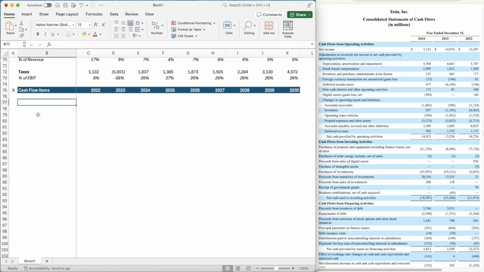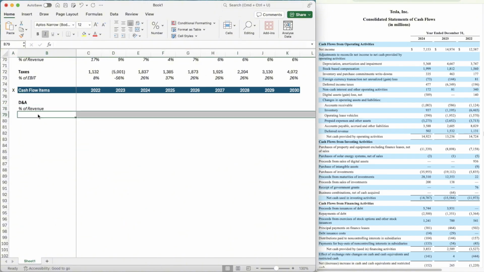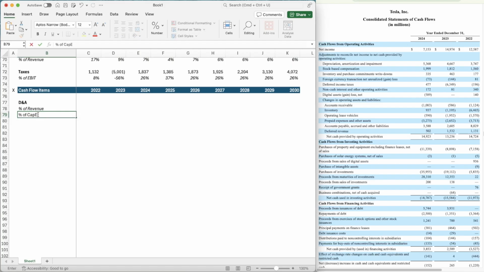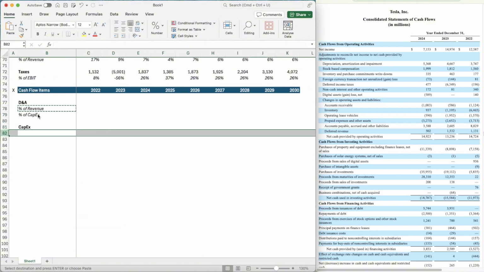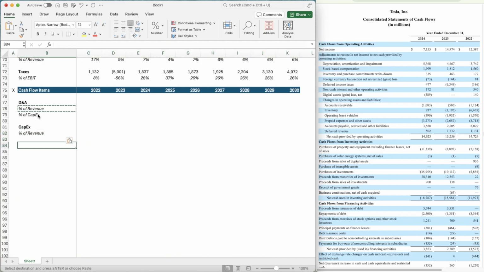So we go DNA, which is depreciation and amortization, percentage of revenue. And we also want to know what that is as a percentage of the CapEx as well. Then CapEx. Nope, sorry, change in net working capital.